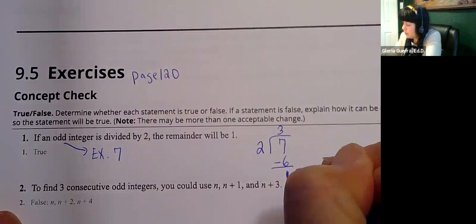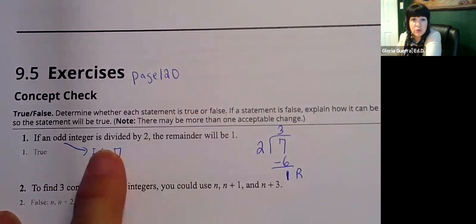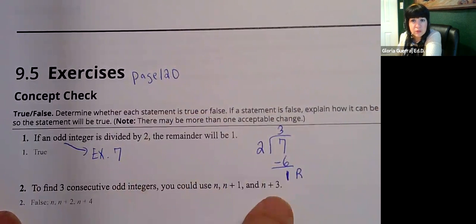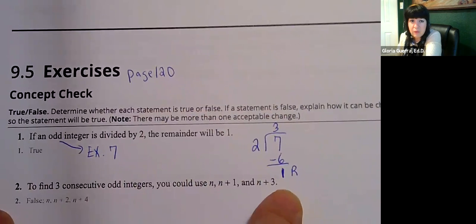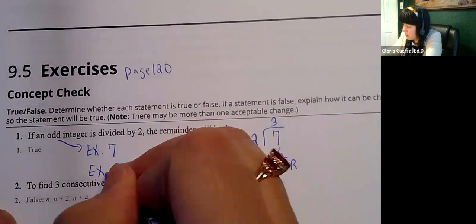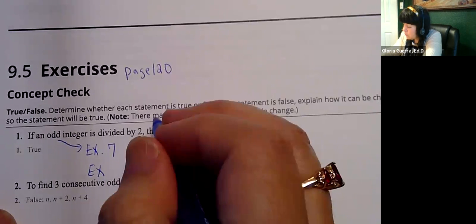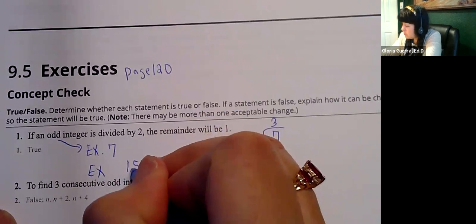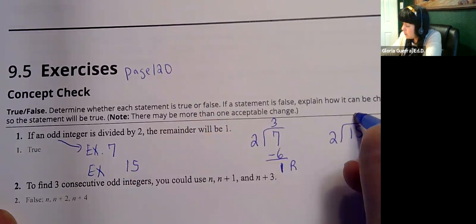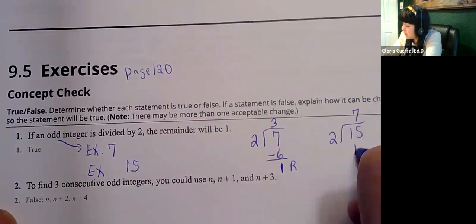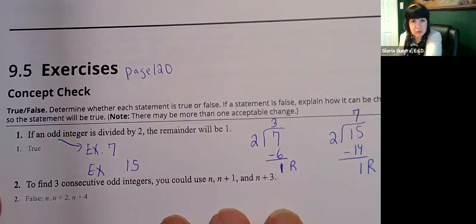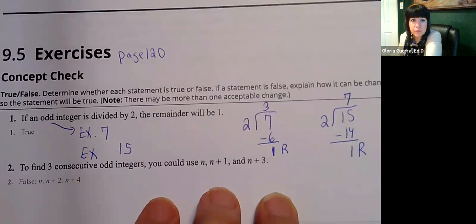That's your R. And they're saying that when you take an odd integer and you divide it by 2, the remainder is going to be 1. And that looks like that's always going to happen. If you think of another odd integer, like 15, that is considered odd also. 15 divided by 2. 2 goes into that 7 times, that's 14, and 1 left over. So seeing a couple is enough to say, yeah, that looks like that's true.